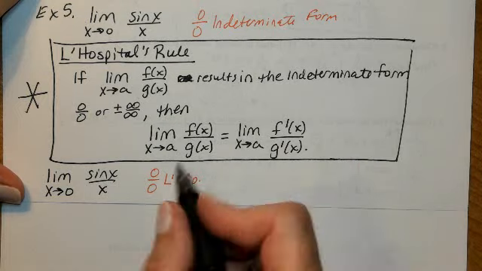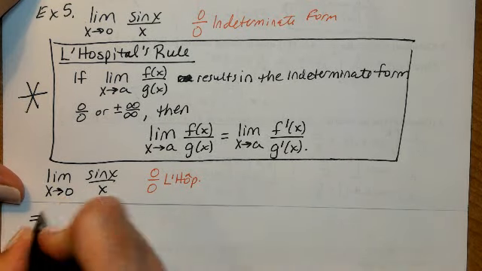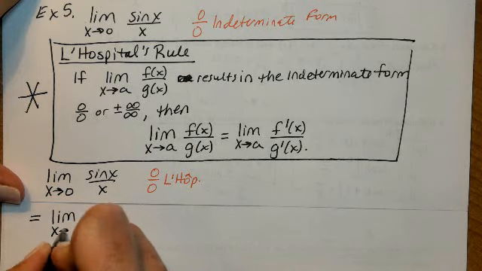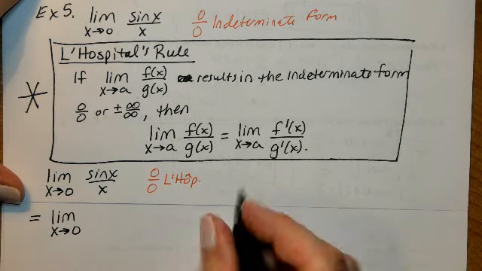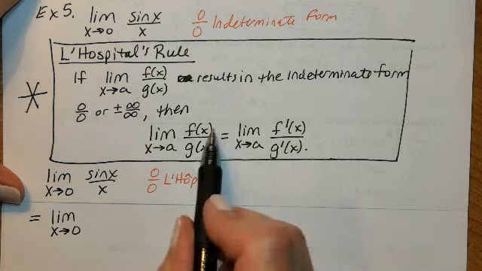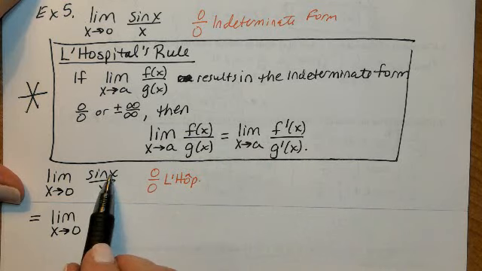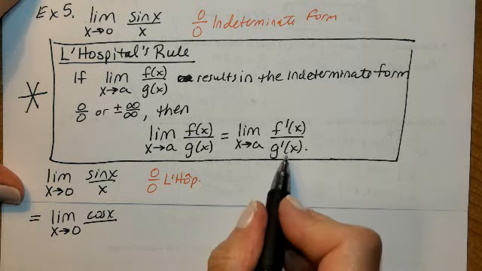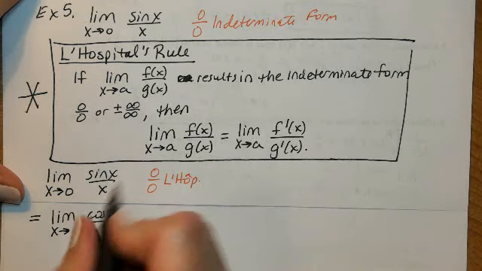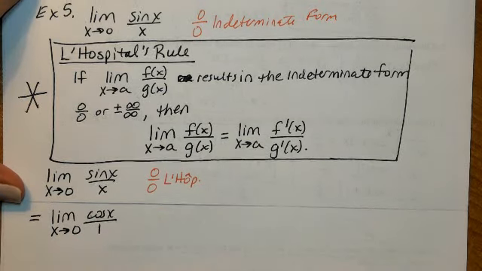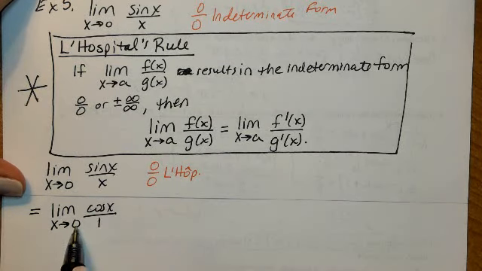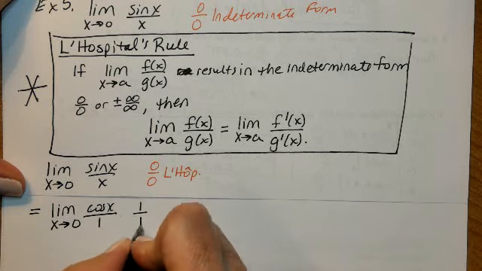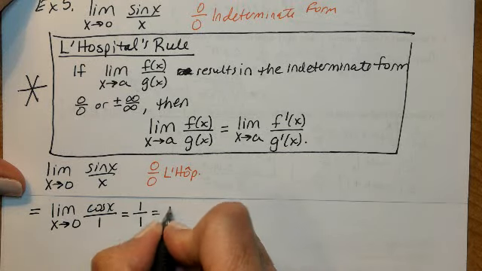So this limit is equal to the limit as x approaches 0 of the derivative of the top, cosine x, over the derivative of the bottom, 1. Now plug in 0. Cosine of 0 is 1, and 1 over 1 is 1. So this is equal to just 1.